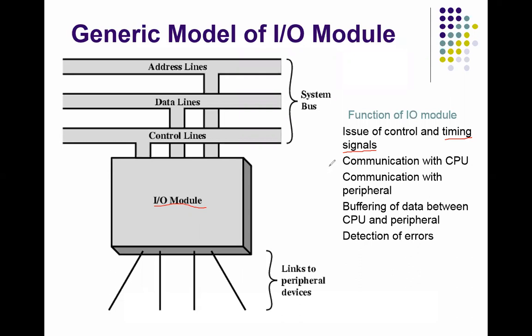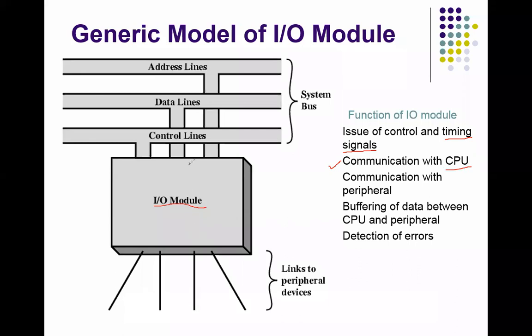The second function is communication with the CPU. Who provides the data? Suppose you are executing a program, and you are giving input. This IO module takes your input and provides it to the CPU.